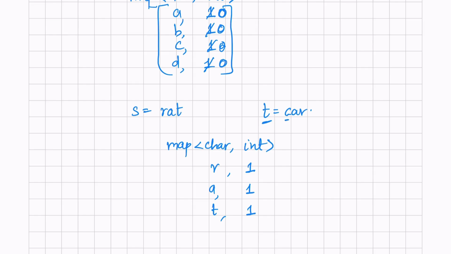So we have a C here. Oh, guess what? There's no C. We have an A in T, we subtract 1 from our A. We have an R, we subtract 1 from our R. And then when we check the map, guess what? We have a character with a non-zero count. That means T is not an anagram of S.